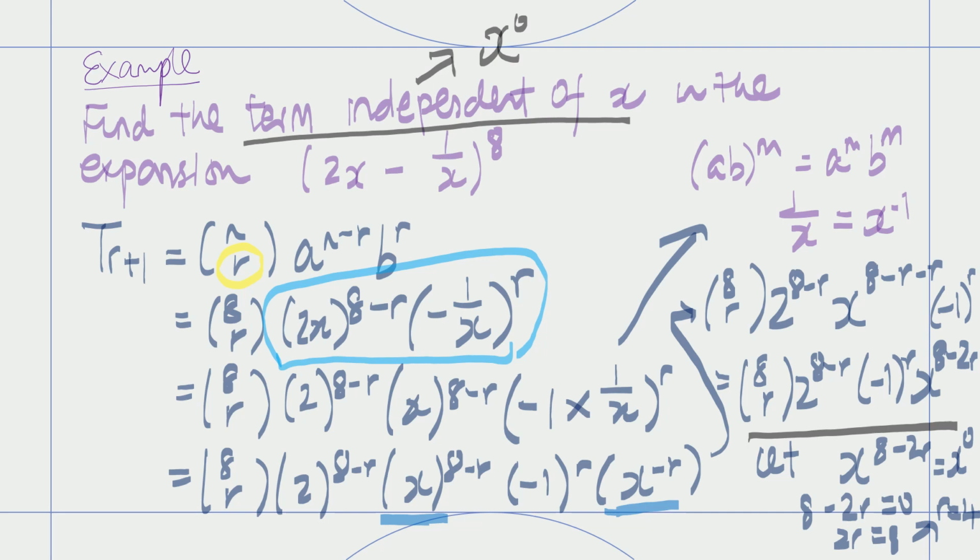Next, we substitute r equals 4 into the general term that we found earlier, which is this one that I boxed in green.